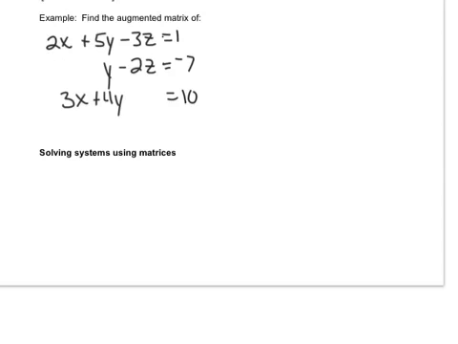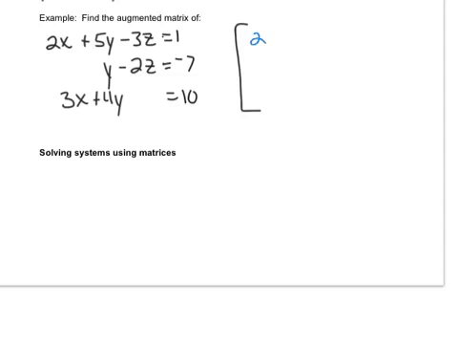I'm going to show you again. If I give you this system of equations and I want to find the augmented matrix, all we do is get our big brackets, lift every coefficient and answer, and just put it in the brackets over here. Alright, so if I look at this, my first row is 2, 5, -3, and 1.